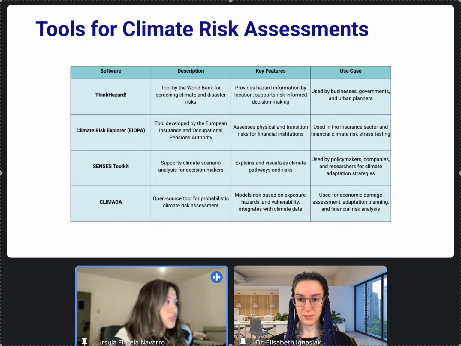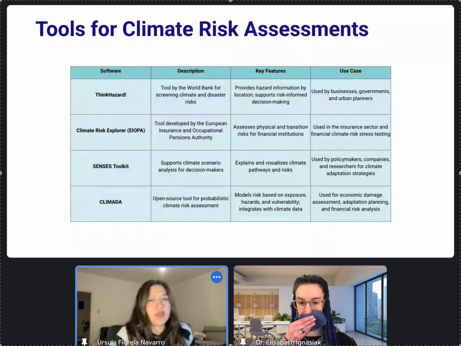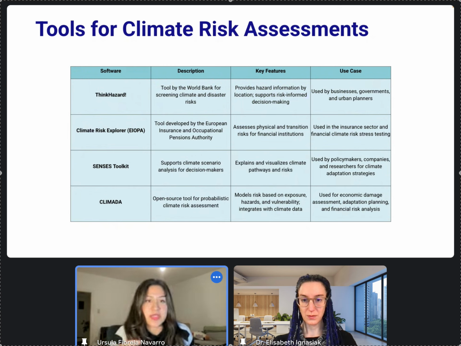So we have ThinkHazard, which is basically a tool by the World Bank that allows us to do a screening on climate and disaster risks. You can identify the hazards that can affect your company in an easier way. So it's basically a tool for you to have an organization scheme of the hazards that can be important for your company.